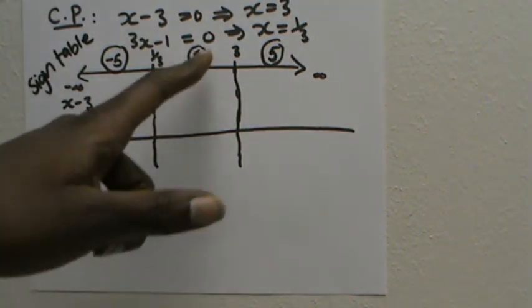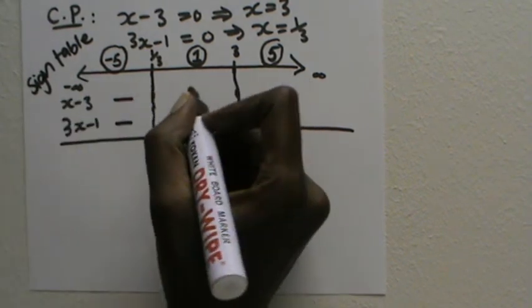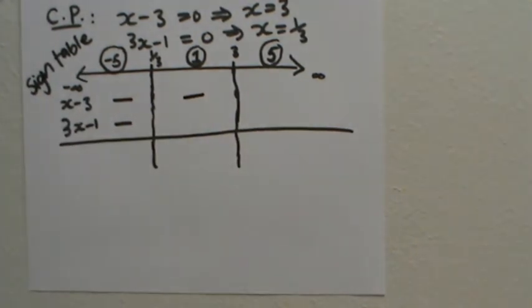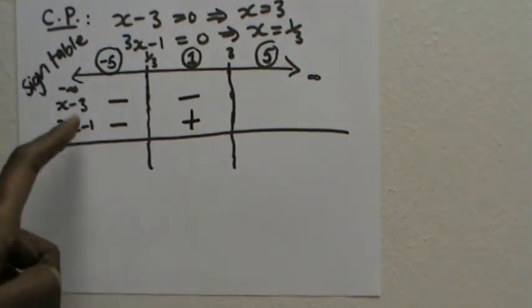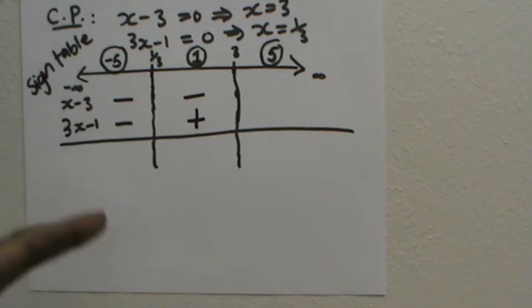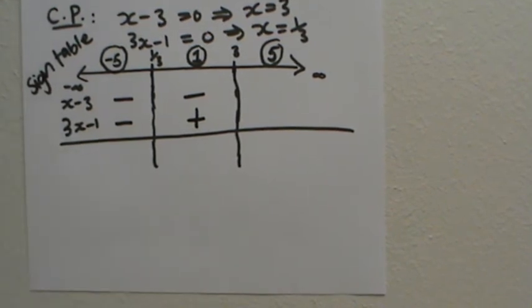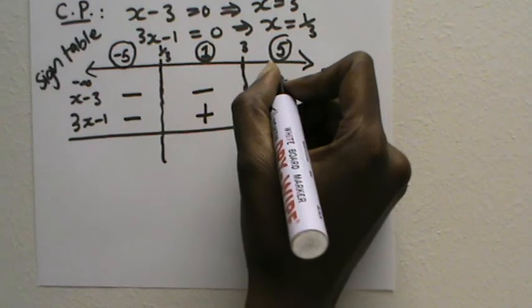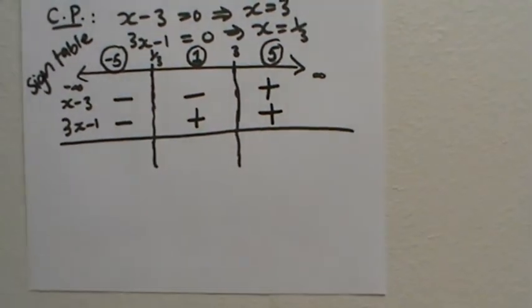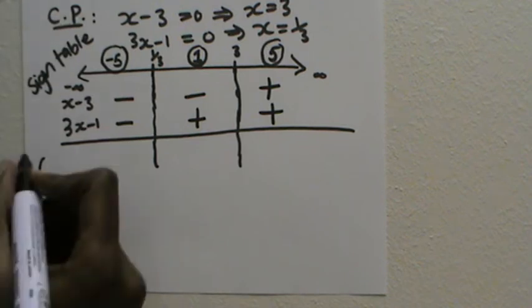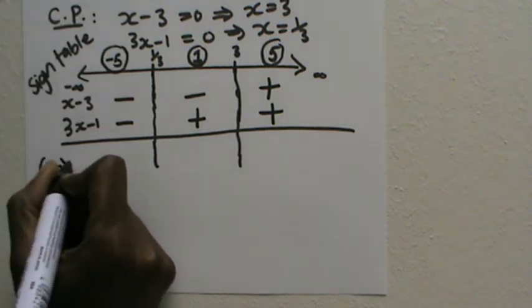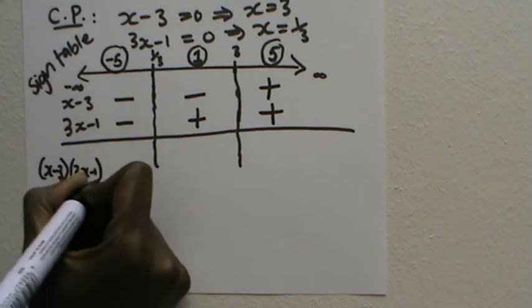Okay, then I look at my next representative. This will be negative when I substitute it in there. And then this one here will be positive, because I have 3 times 1 is 3, minus 1 is positive 2. That's why I have a positive over there. And then here, this will be positive, that will be positive. Okay, then in this last row and column, I have what I had over here, which is the product: x minus 3 multiplied by 3x minus 1.